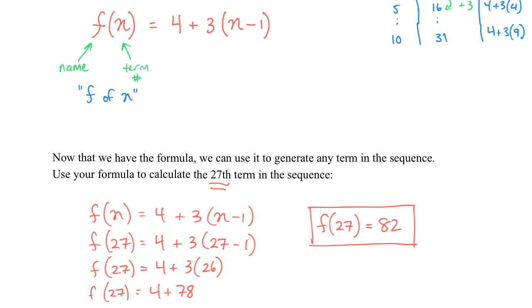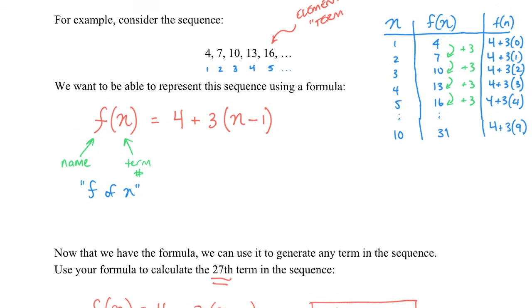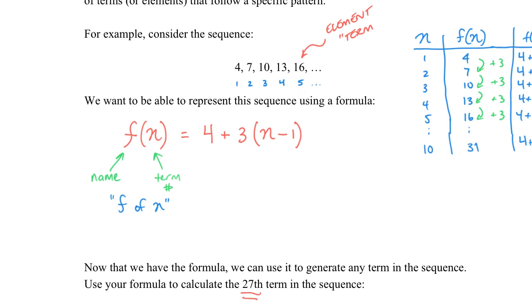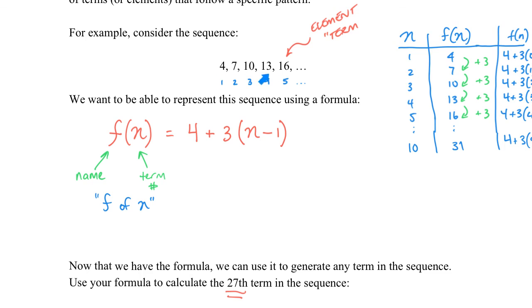Okay, so this is how sequences work. There's going to be adding patterns and there's going to be multiplying patterns. And in class, we'll talk more about the multiplying patterns. But what you really need to take away from this is that this is a sequence right here.